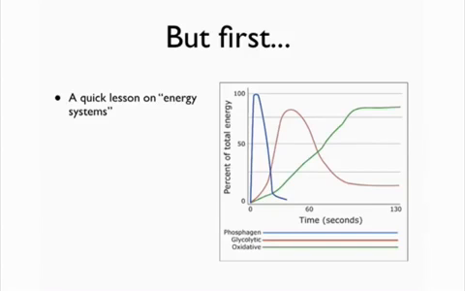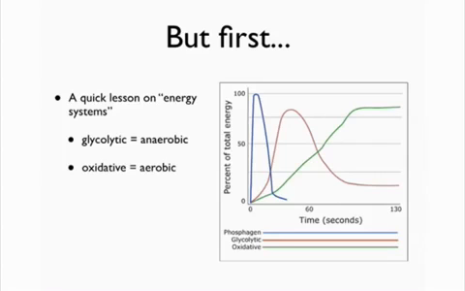What we're most interested in are the other 2. We're going to be looking at the glycolytic and oxidative systems, or the anaerobic and aerobic systems specifically. So in this graph, we're going to look at first the glycolytic system, also known as the anaerobic system. This is depicted by the reddish, pinkish line in the middle of the graph here. This is the system that kicks in after about 30 seconds of intense work.